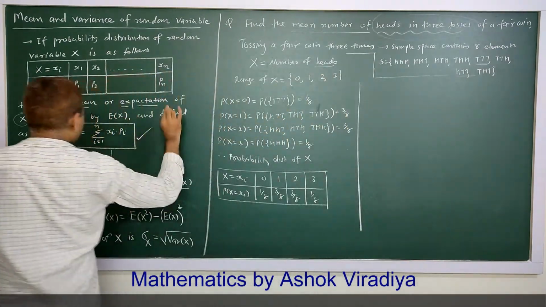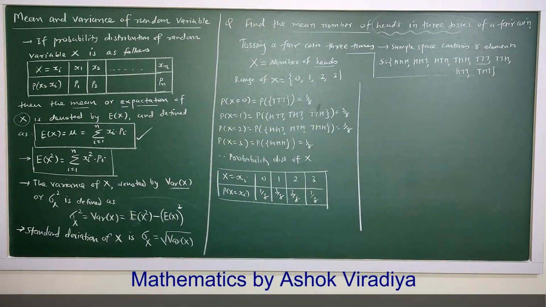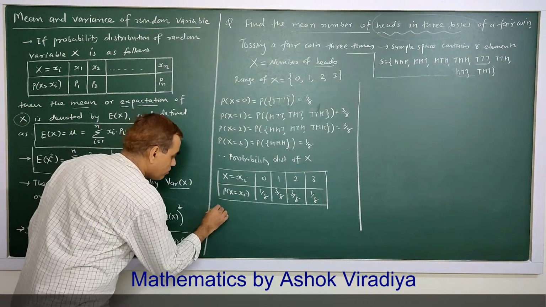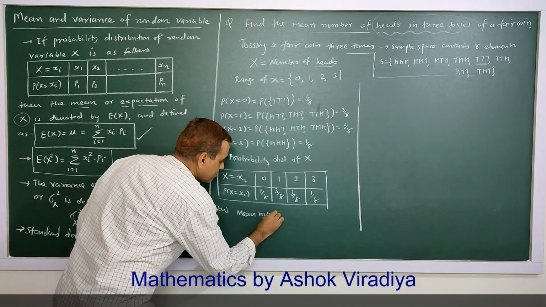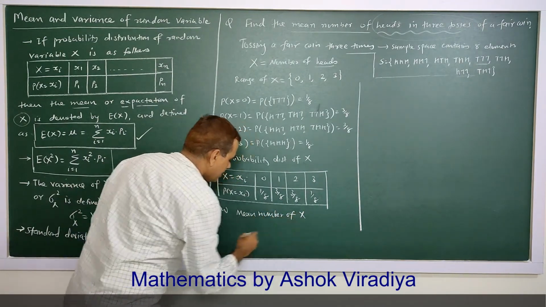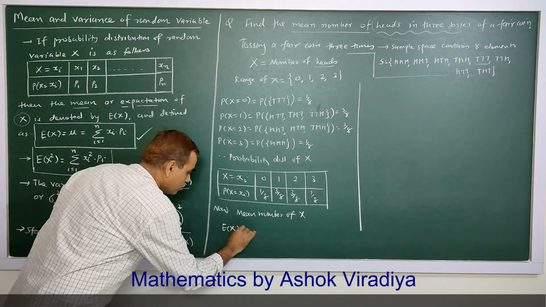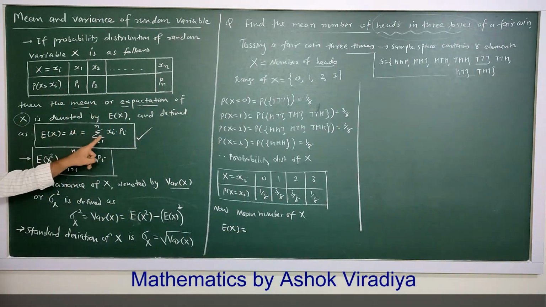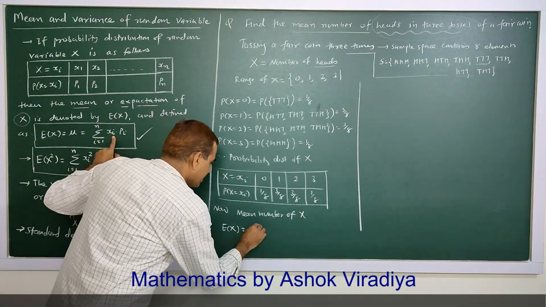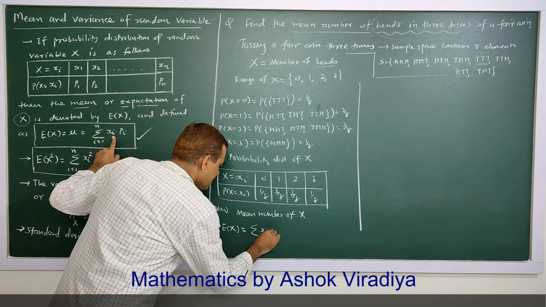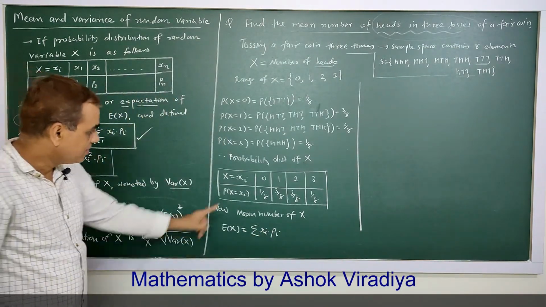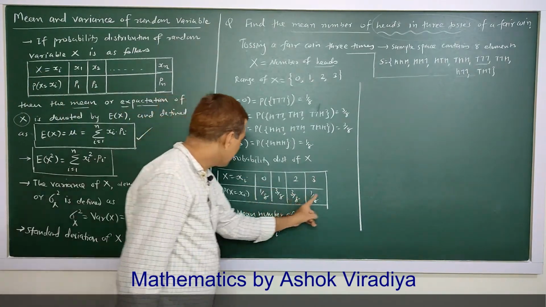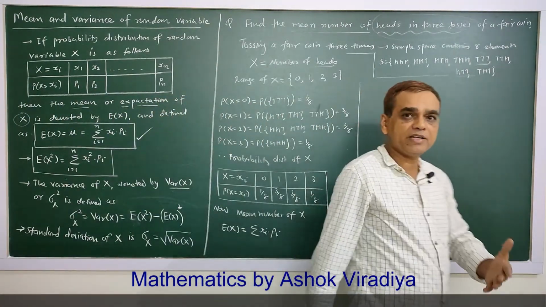So the mean, by this formula. So the mean of x, that is E of x, is equal to, the formula is sigma xi into P of xi. These are xi and these are pi, their probabilities.